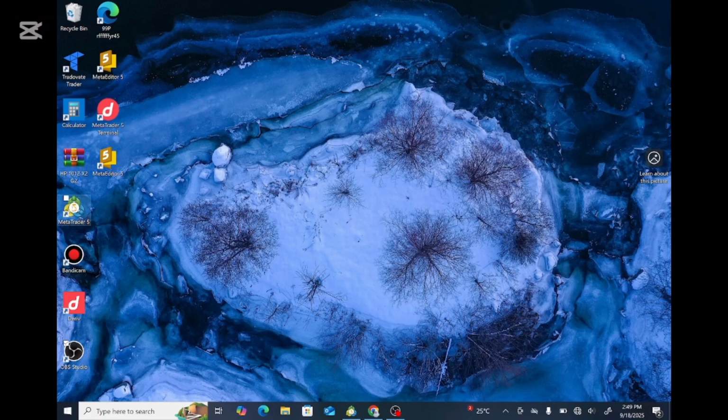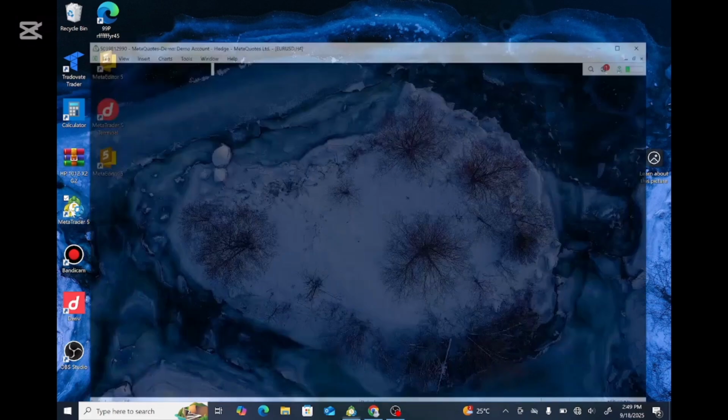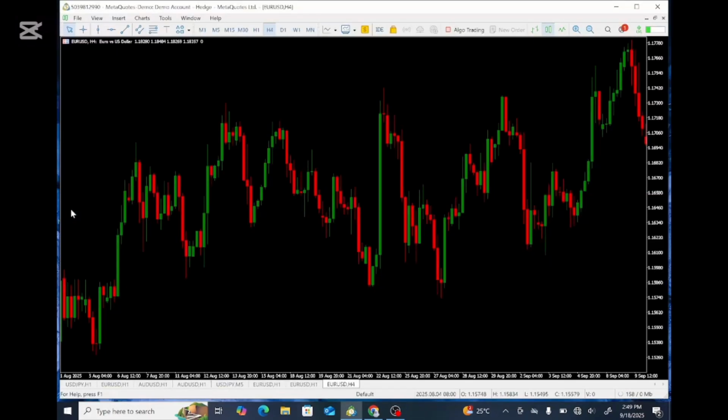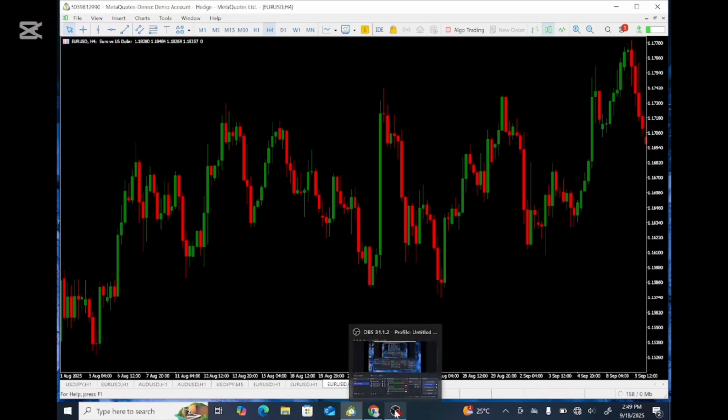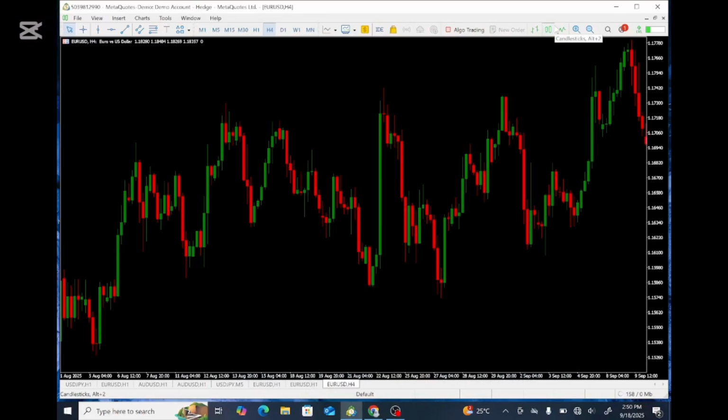So click to your MT5. It opens like that, and let us learn how to find these fair value gaps. How does a fair value gap look on a chart?